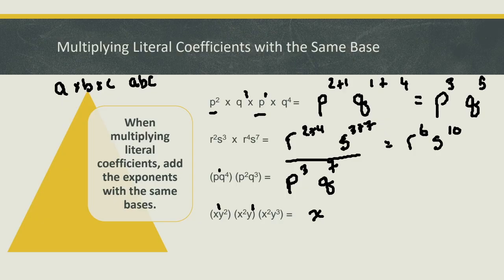And then for my y's, I have 2, 3, 4, 5, 6 y's, right? So all I did was add all of my numbers together. So maybe I'll write that one out. We had 1 plus 2 plus 2. And then I had 2 plus 1 plus 3. So that's where this came from.